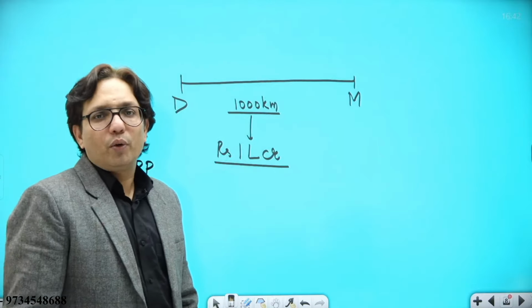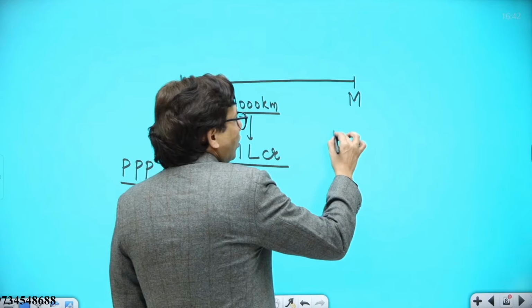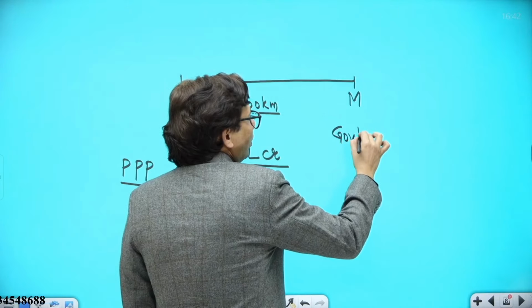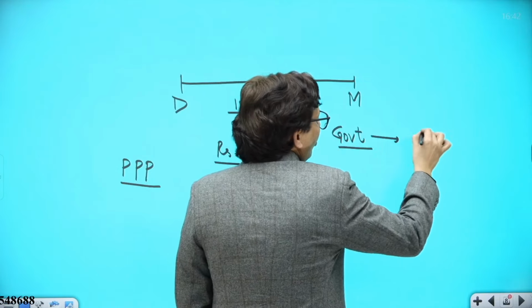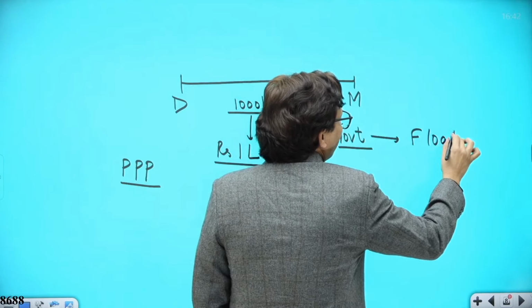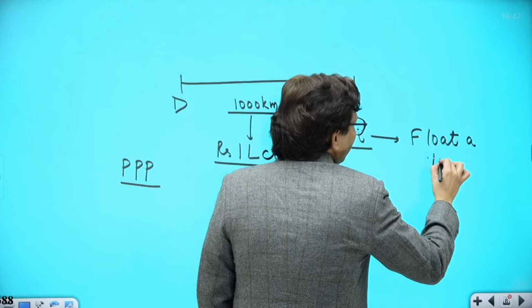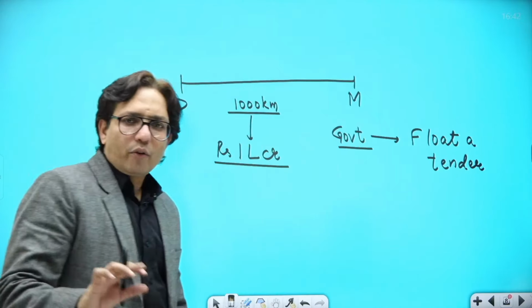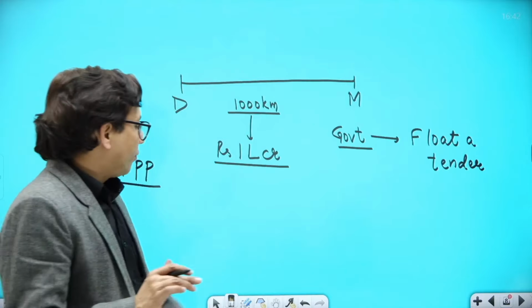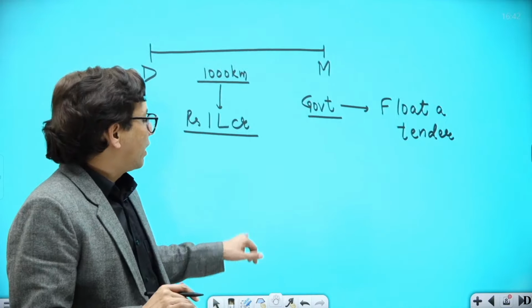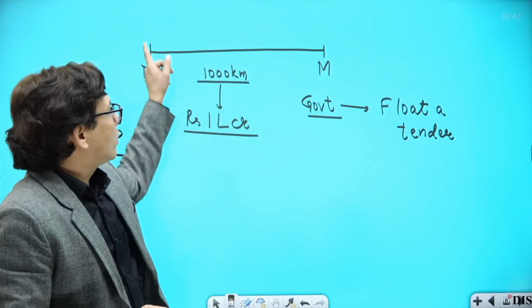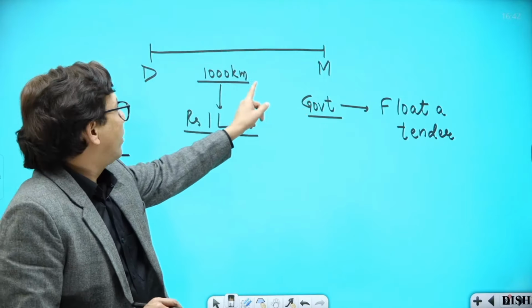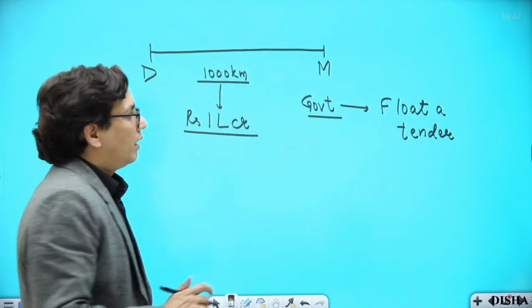So, what would the government do? The government would float a tender. And what would be that tender? The tender would be that the government has to construct an expressway from Delhi to Mumbai covering a length of 1000 kilometers.